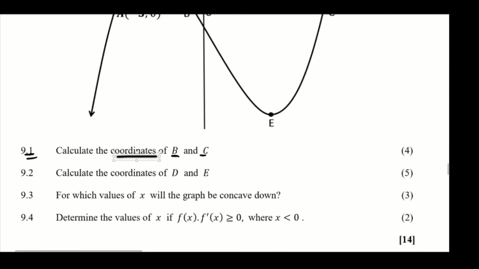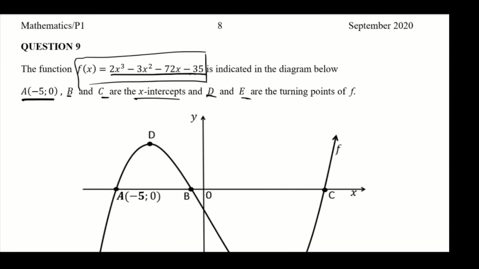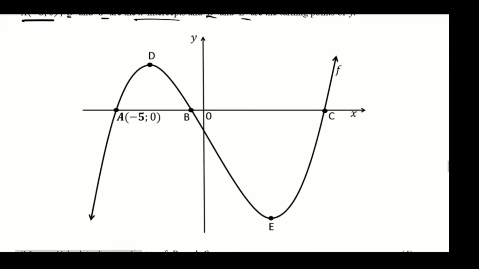Now we are going to do 9.2, where we are asked to find the coordinates of d and e, right? So for us to find those coordinates, we're going to go back to this equation of f of x. So this is the equation, and d and e are the turning points.